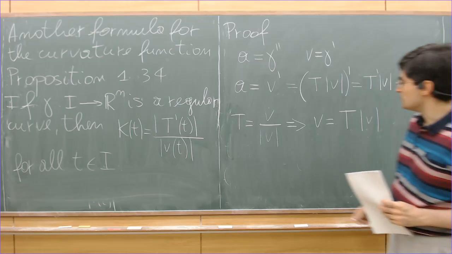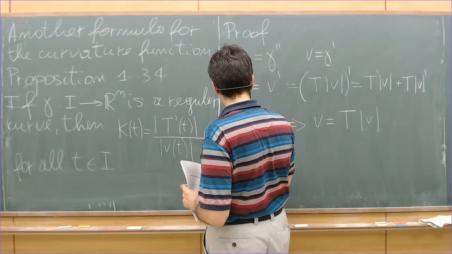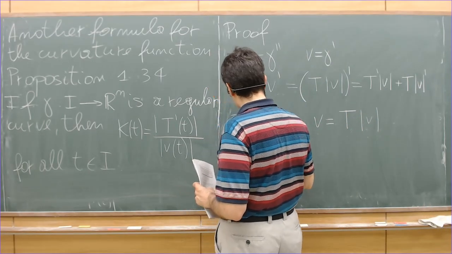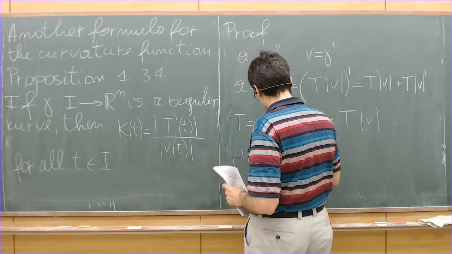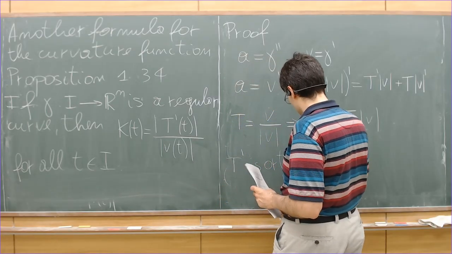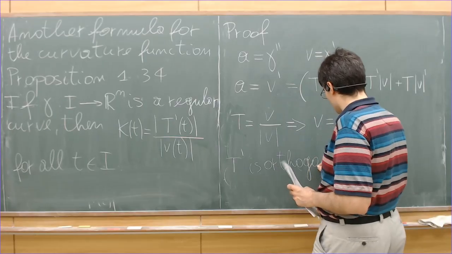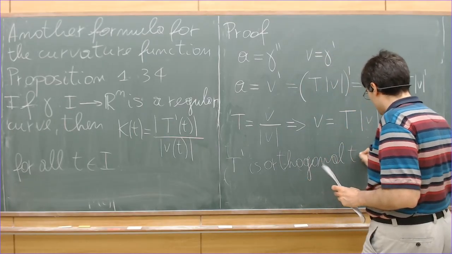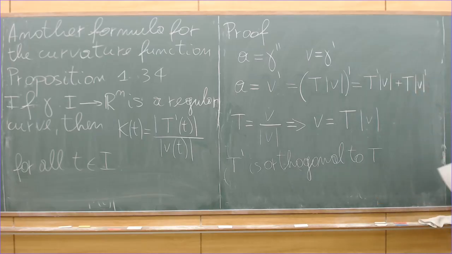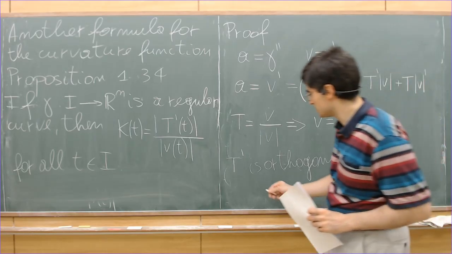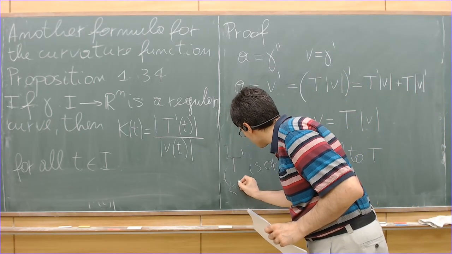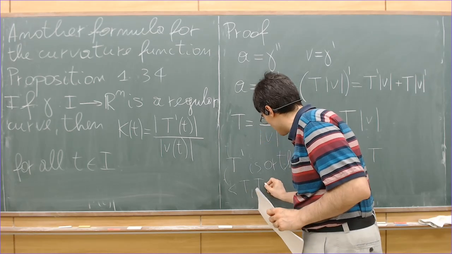Now let's observe that T prime is orthogonal to T. Why? Because T is a vector of length 1.